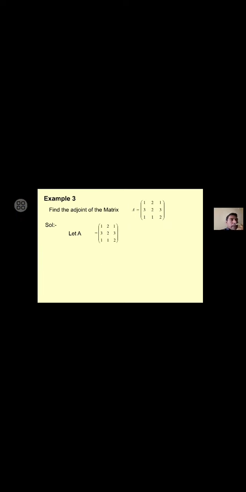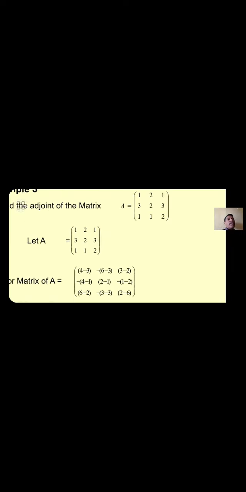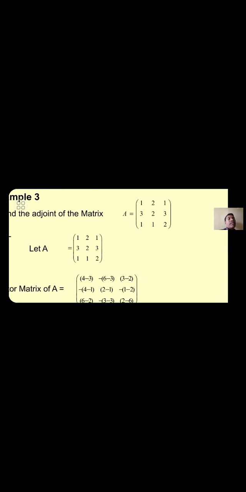So first we have to find each element's cofactor. So the cofactor matrix of A equals, here I will explain the first element's cofactor. Generally the first one has a positive sign, positive sign into its minor.